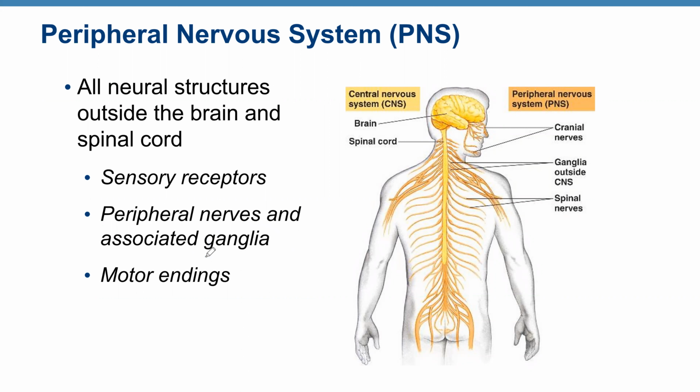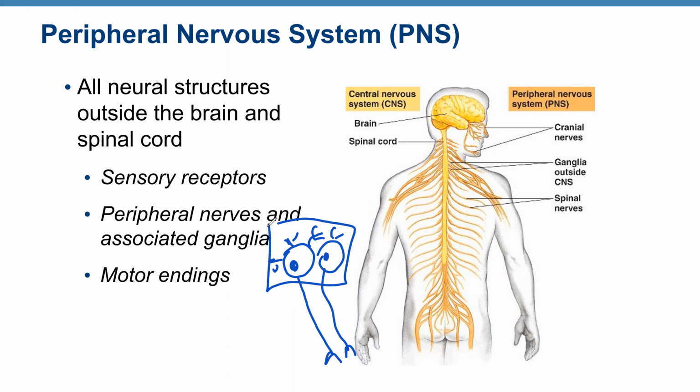So when we have neurons, and I'm going to draw it for you, here's a neuron. Neurons have dendrites and axons. So here's the second one. Now those cell bodies of neurons outside of the central nervous system form what we call a ganglia.